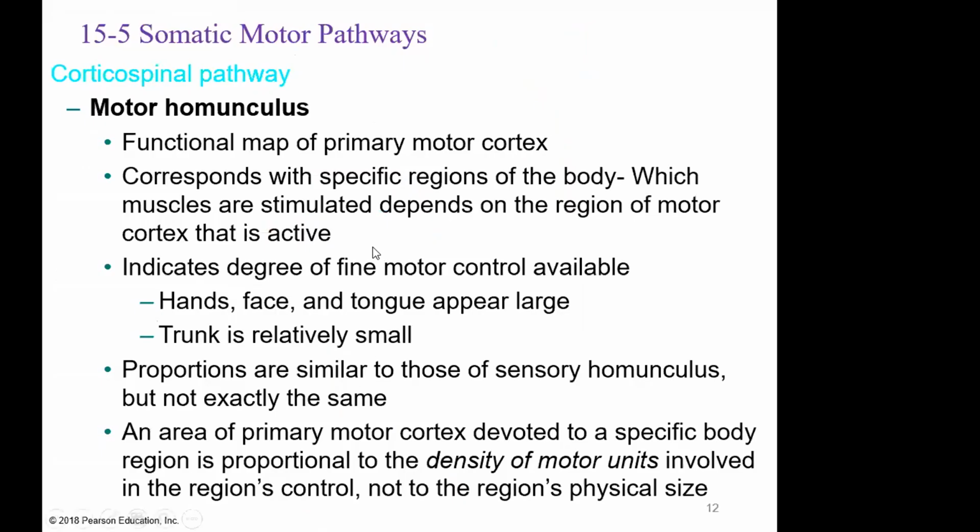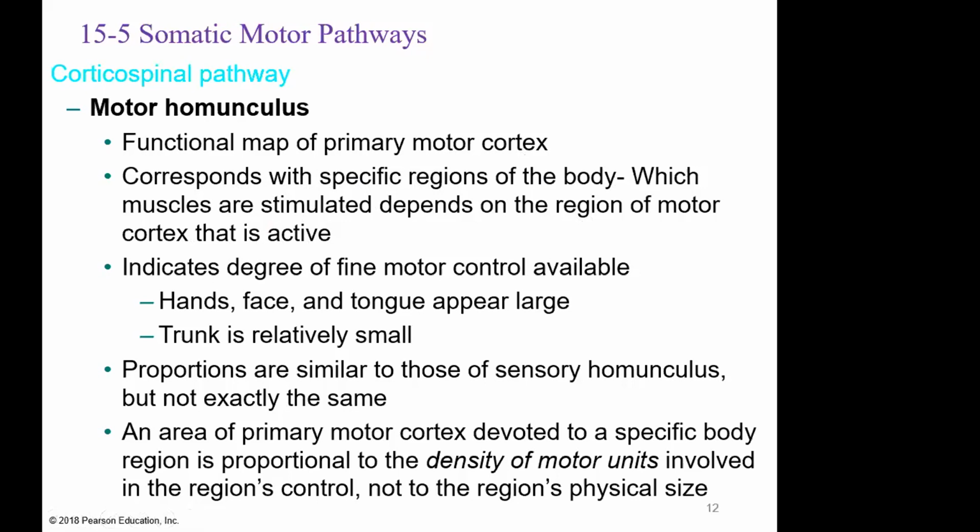Okay, for the homunculus, we talked about the sensory homunculus in prior discussions. So the motor homunculus is going to look kind of similar. We're still looking at a functional map of that primary motor cortex that corresponds with specific parts of the body. So which muscles are stimulated depends on the region of motor cortex that is active.